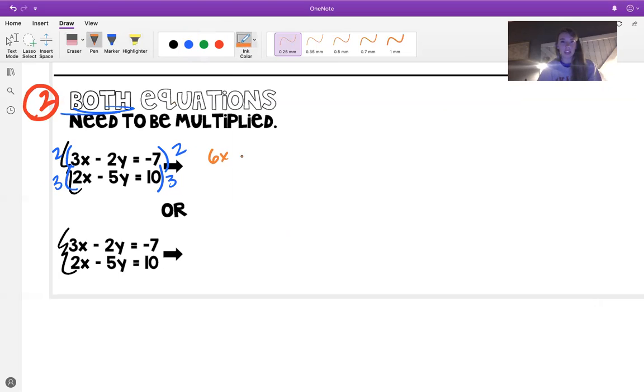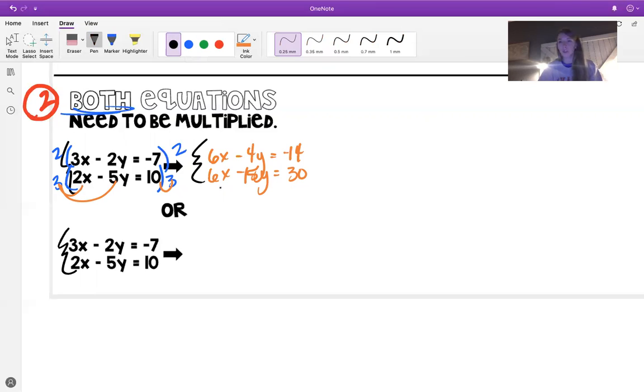Once I did that, I have a 6x minus 4y equals negative 14. And then I have a 6x minus 15y equals 30. You have to remember again, multiply it all the way through on both sides of your equal sign. All right, so these are my 2 new equations.